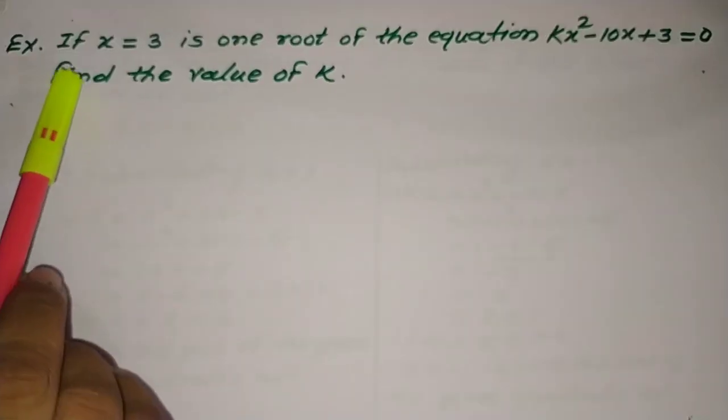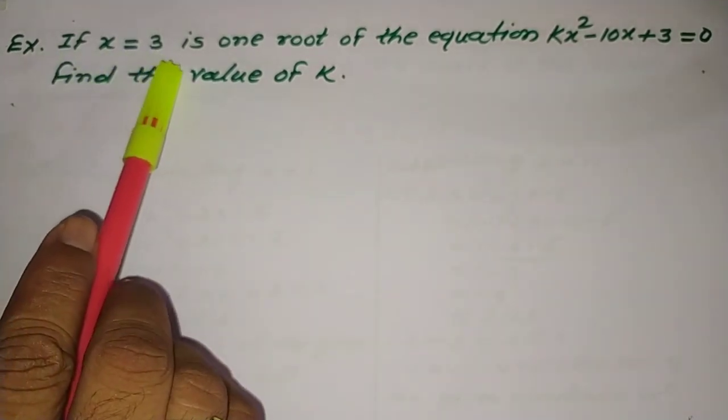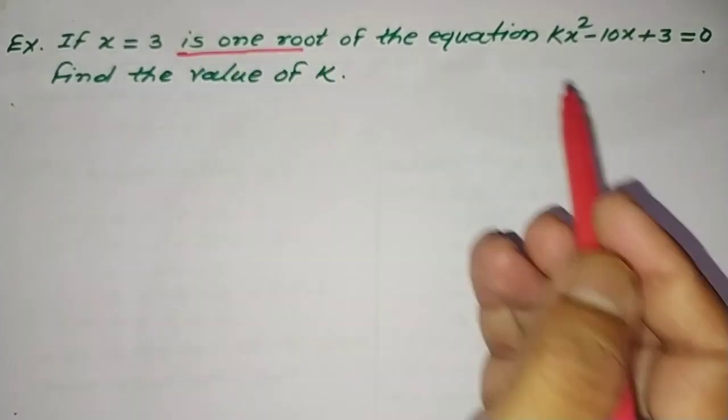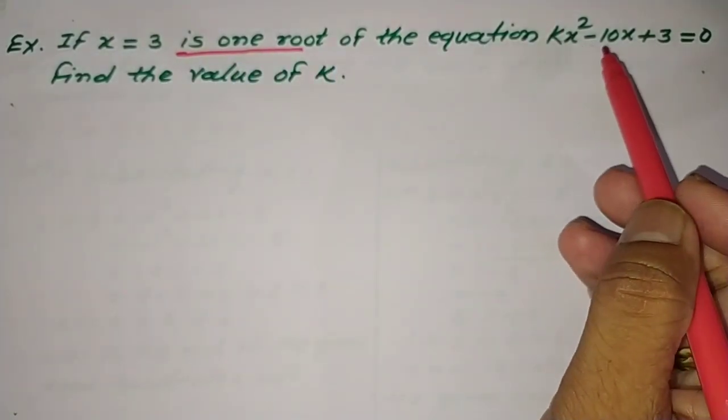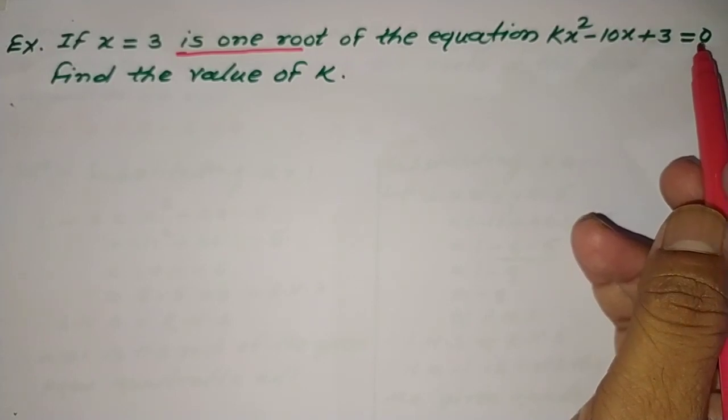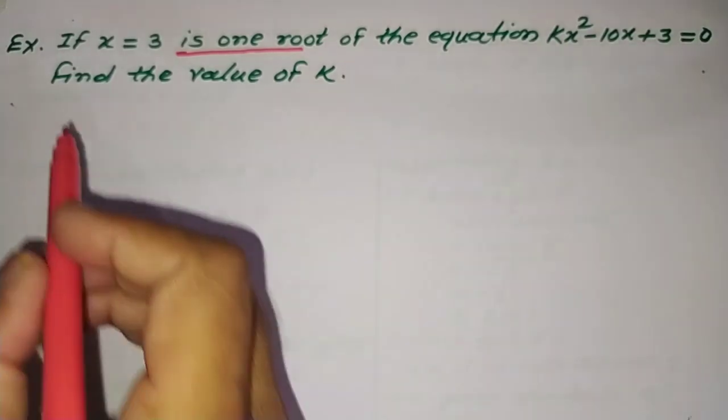Example: if x is equal to 3 is one root of the equation kx square minus 10x plus 3 is equal to 0, find the value of k.